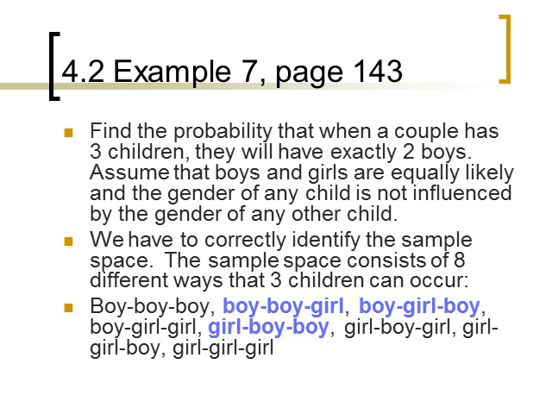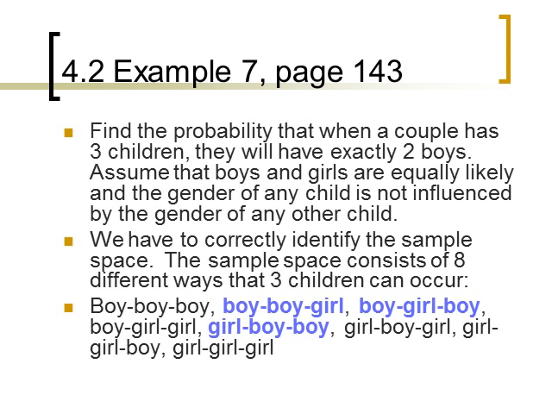Now in blue, I have highlighted the events that pertain to the probability that we are solving for. Remember that in the question it says we're solving for the probability that when a couple has 3 children, they have exactly 2 boys. Exactly 2 means they don't have 3, they don't have 1. So I've got the 3 situations highlighted where there's exactly 2 boys and 1 girl.